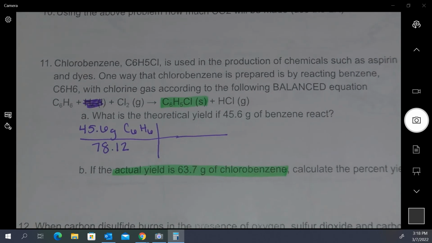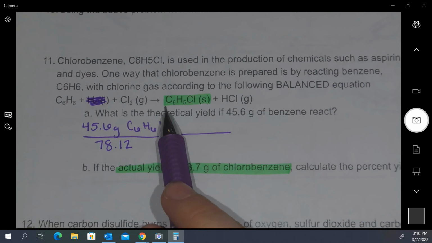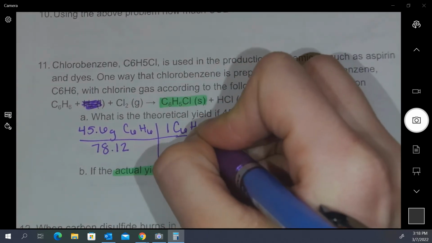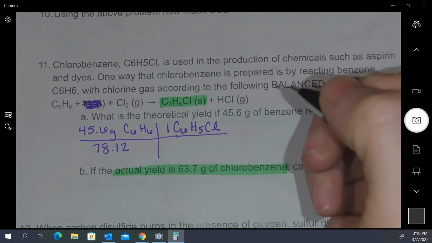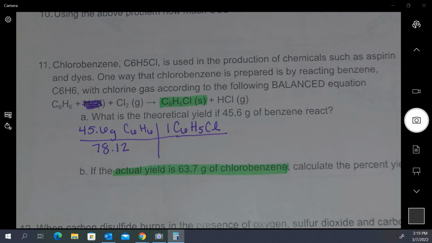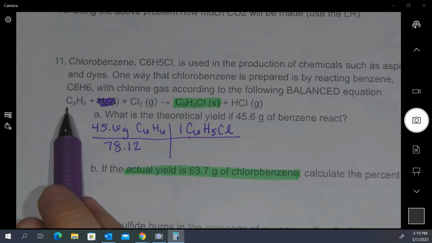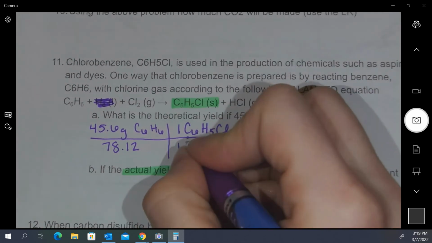What's my coefficient in front of chlorobenzene? What's in front of this? 1. All right. I'm given benzene, C6H6. What's in front of benzene? 1.